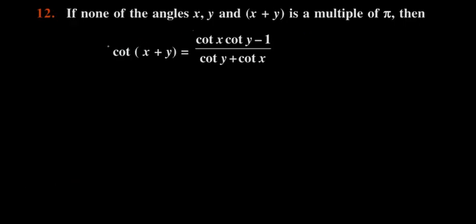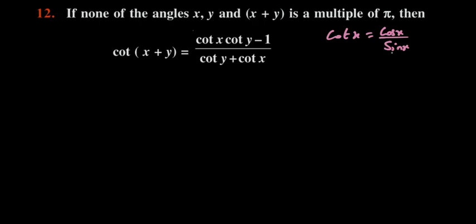Next one. If none of the angles x, y and x plus y is a multiple of pi, then we have to prove cot of x plus y equals cot x cot y minus 1 by cot y plus cot x. Here, cot x is nothing but cos x divided by sin x.